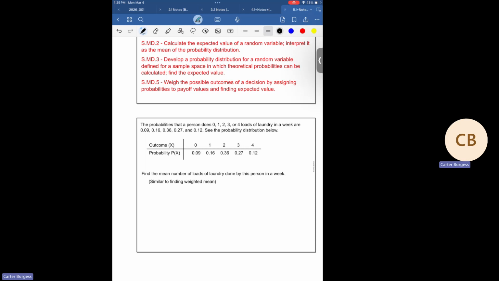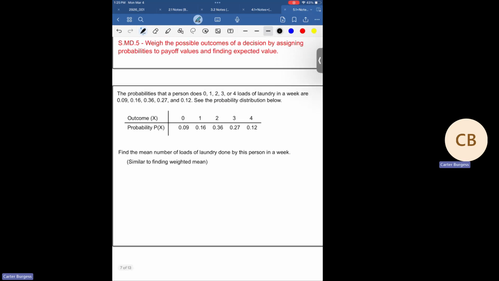So for instance, looking at our first example here, we have an individual doing loads of laundry, as well as the likelihood for the week that they do a particular number of loads of laundry. We could go through and just take the average here, but this would not give us a very good picture as to what's going on because it's fairly unlikely that they're doing 0 or 1 loads of laundry.